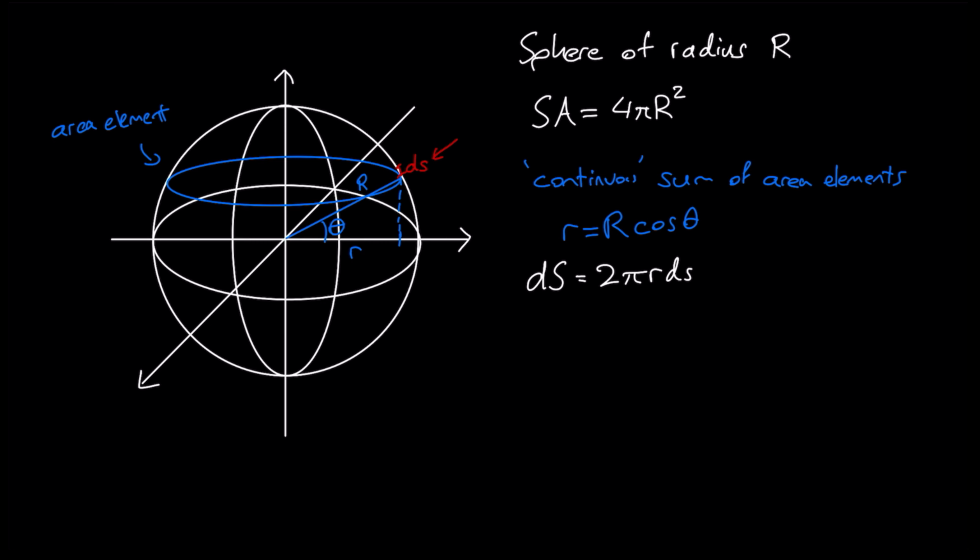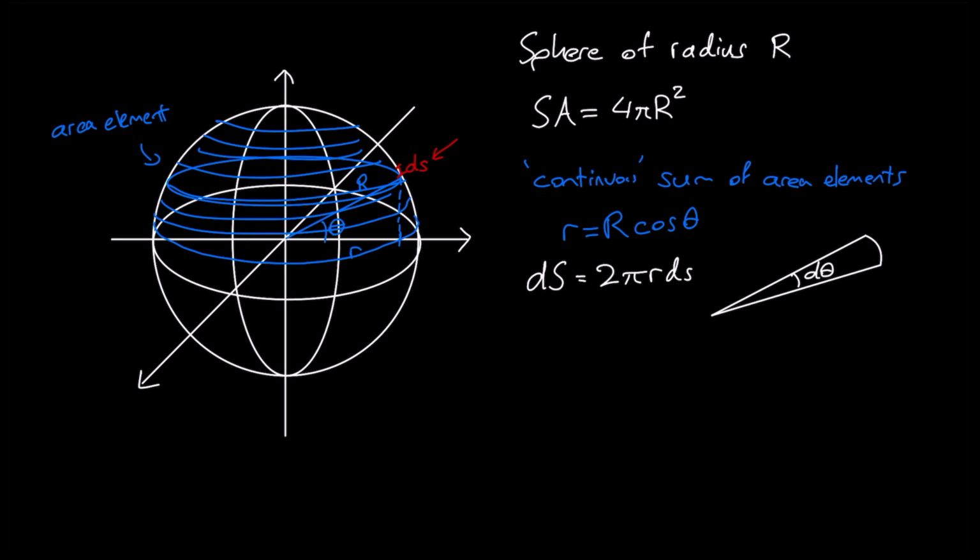So here I need to make an observation that this ds actually has a relationship to d theta and r. So if I imagine a tiny chunk of angle d theta, because really what I'm going to do is add up a whole lot of these rubber bands. I'll take that one and then that one, and then I build up the surface area of the sphere by adding up these infinitely many, infinitely thin rubber bands wrapped around the ball.